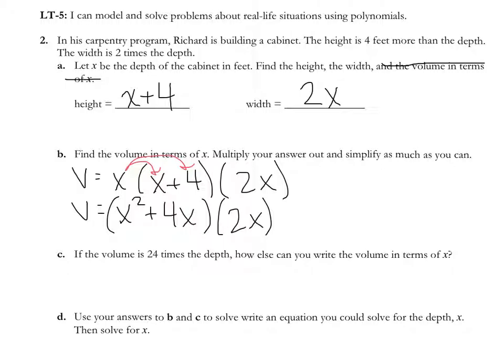I know the 2x is off to the right, but I can again use distribution and distribute my 2x. When I multiply, 2x times x squared will be 2x to the 3rd, and 2x times 4x will be 8x squared. So my formula for the volume is just 2x cubed plus 8x squared.